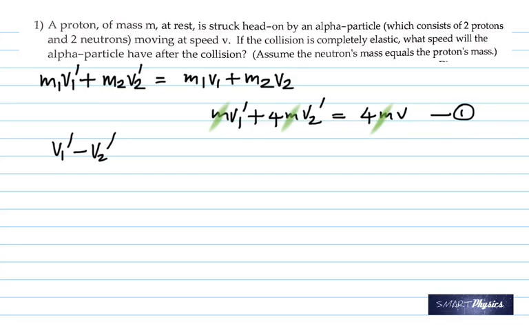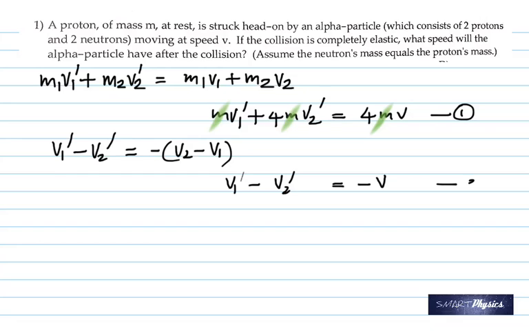And then again, because it's an elastic collision, we can use the formula v1 prime minus v2 prime is equal to v2 minus v1.